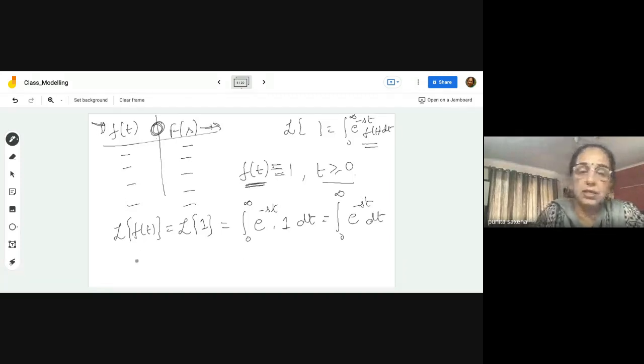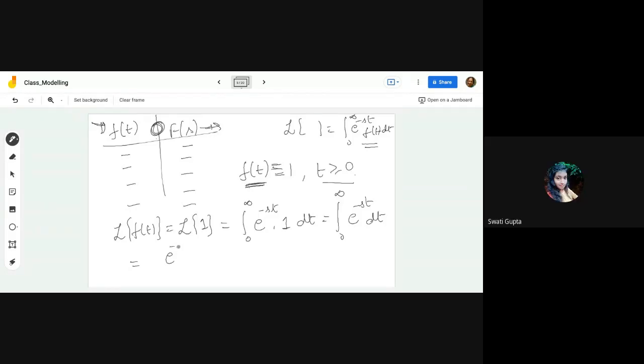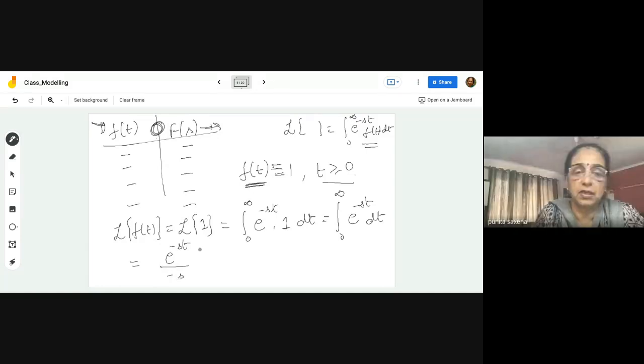Now, what is this integral equal to? Quickly. What is the integral of e to the power minus st dt? It is e to the power minus st by minus s, and you have to take the limit from 0 to infinity.